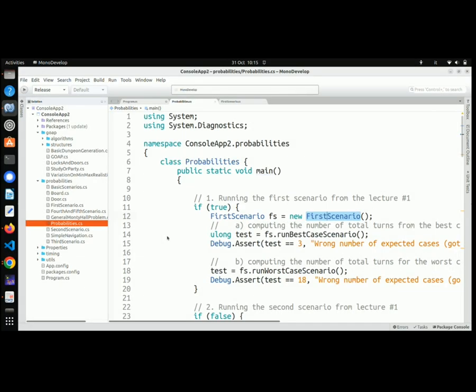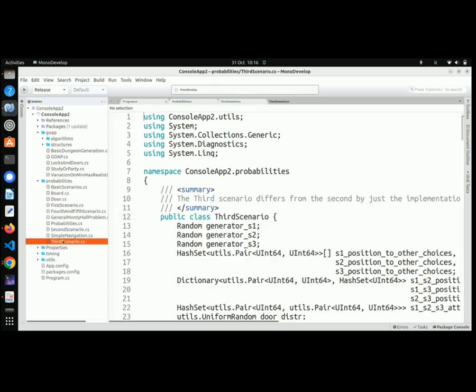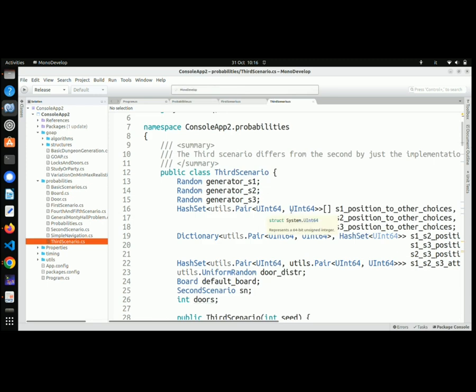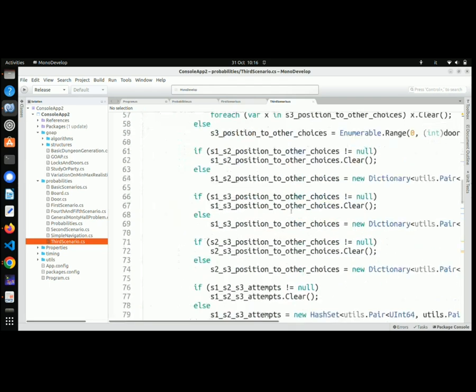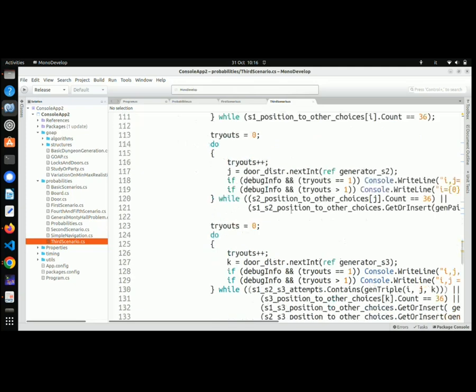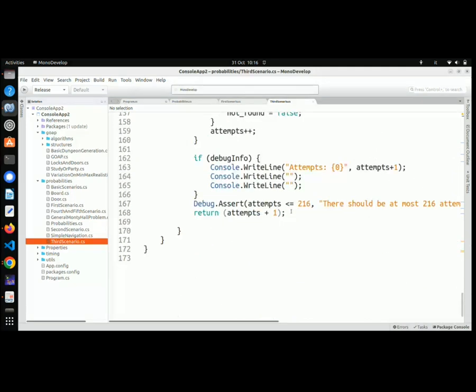Let me show you. If you are interested in this, you have a third scenario, which implements this configuration, where I'm using a strategy, remembering all the possible choices, and setting up an algorithm to do that.